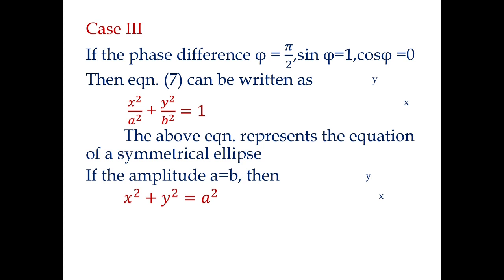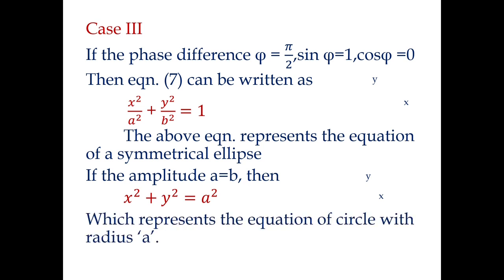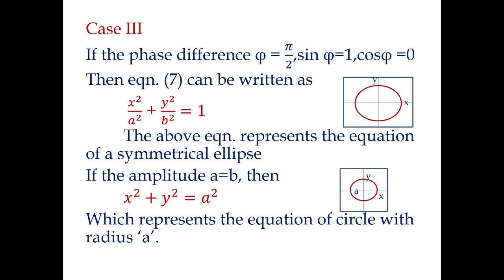In case its amplitude a is equal to b, that is, if both the semi-major and semi-minor axes are equal, or if the amplitudes of the two waves are the same, we will get x square by a square plus y square by a square. So in common you can take a square, x square plus y square equal to a square. This is nothing but the equation of a circle with a radius a.